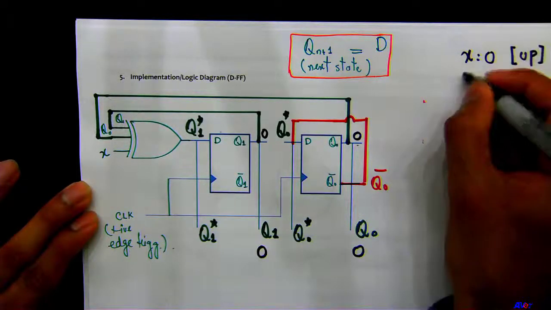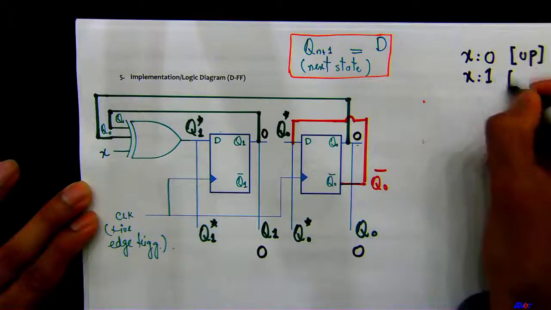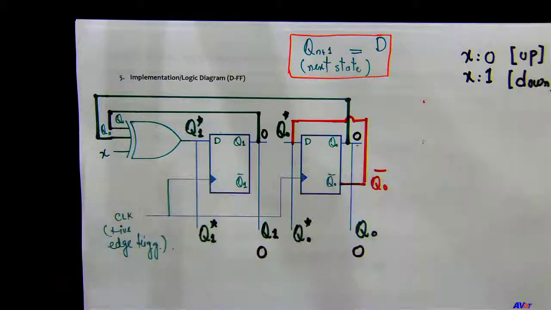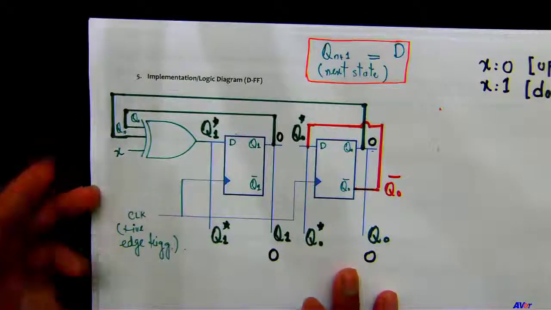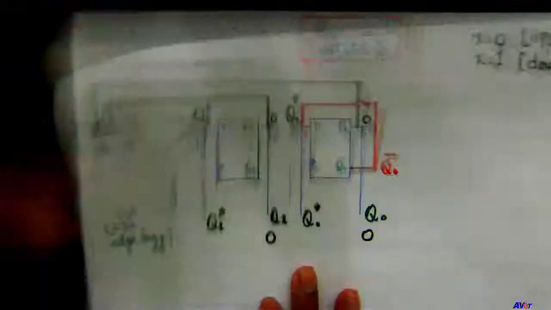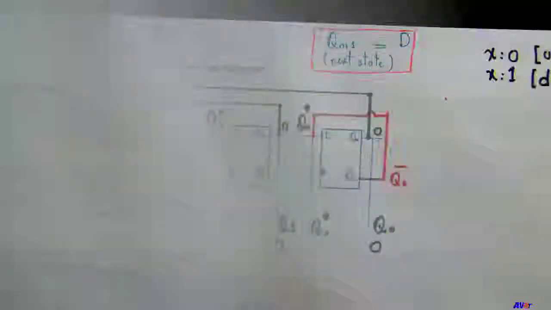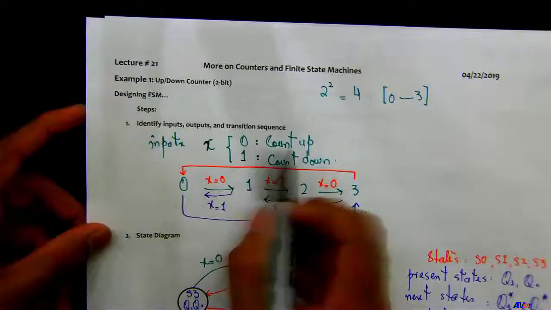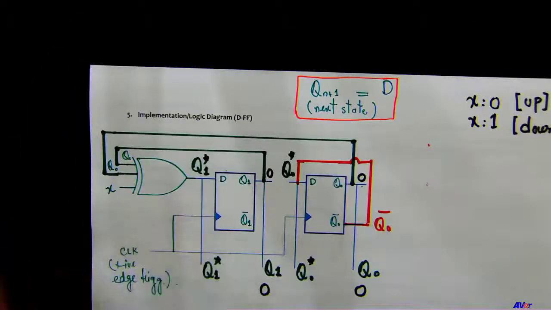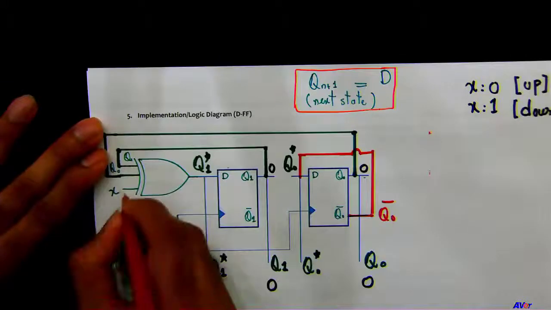And then 1 was down. That's how we had it, right? 0 is count up, 1 is count down. Okay, all right. So I'm going to choose x equals 0.